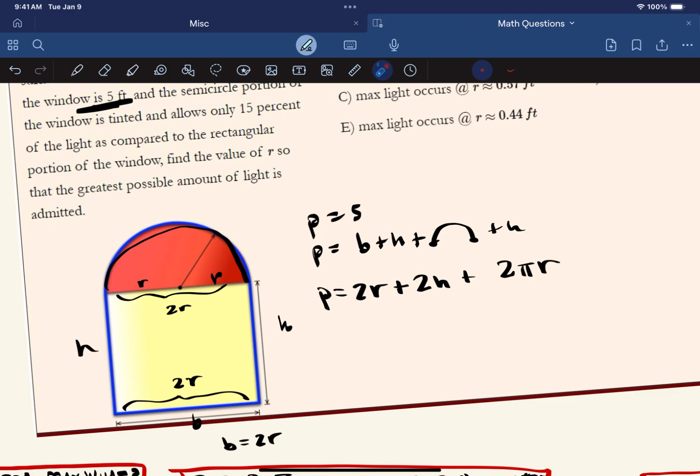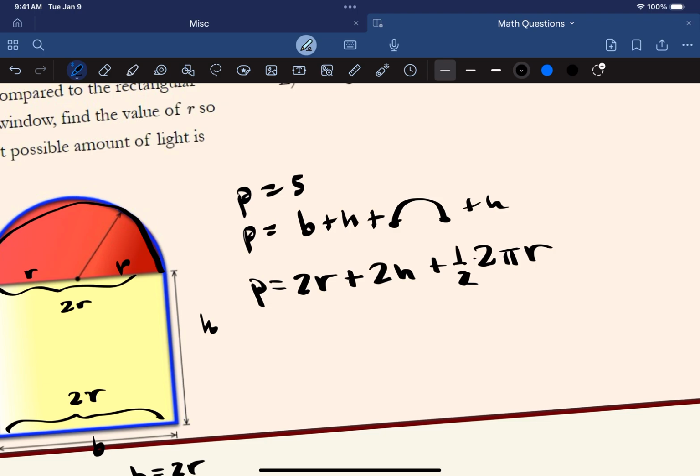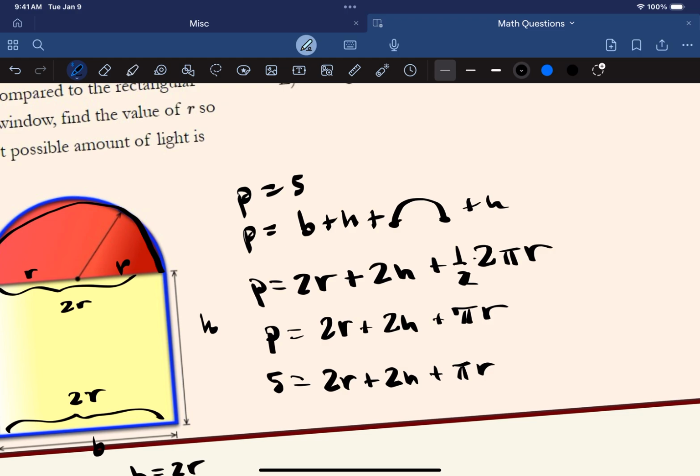But since it's only half of it, I'm going to slap a 1/2 on there so that I get the perimeter for that portion of the window. So that means that the perimeter is equal to 2r plus 2h plus pi r. And we were told over here that the perimeter is equal to 5, so I could say 5 is equal to 2r plus 2h plus pi r.